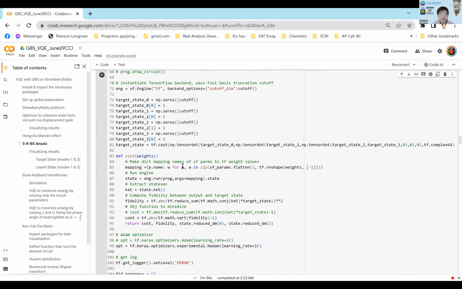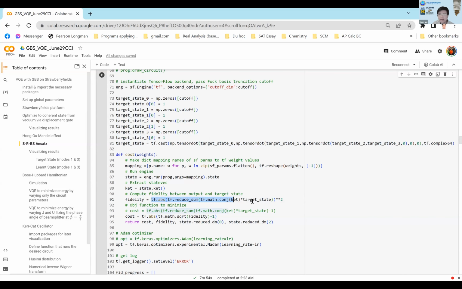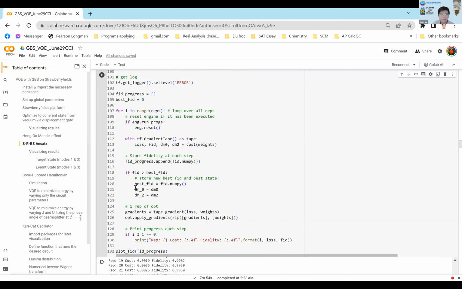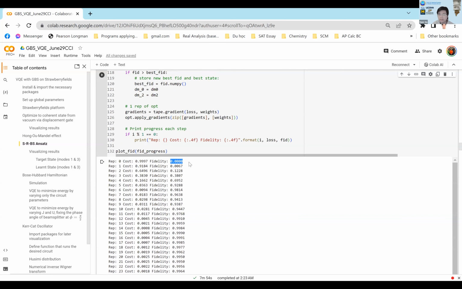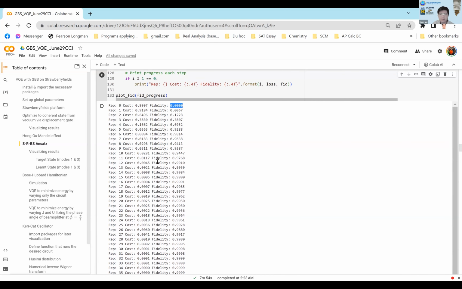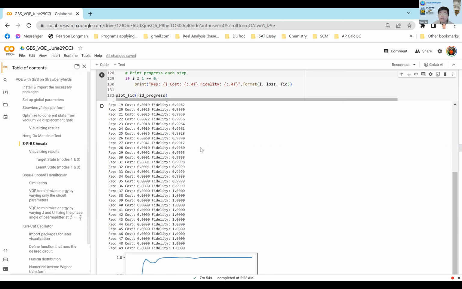After I try to optimize the fidelity between the output state and the target state, as you can see, the fidelity at the beginning wasn't good. It was literally 0. But after around six steps of optimization, it reached 98%, which is really good. And after you optimize it more, you can even reach a fidelity of 1, or 100%.